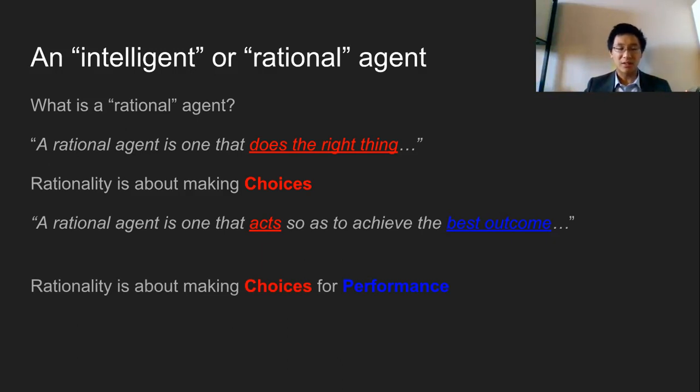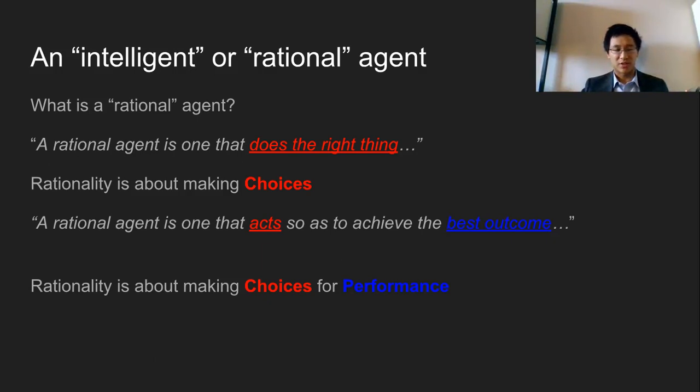So rationality is about making choices for best performance. Okay, so this is also a good definition because it's not much longer, and it gives us direction as to what these choices are about. It's not just making choices, it's making choices with a goal in mind.